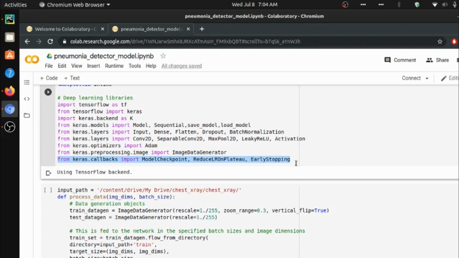So in order to escape this, we have used image data generator. What image data generator does is that when we specify a batch size, it divides the number of images into two classes and in that particular batch it divides them equally and produces them as random outputs.